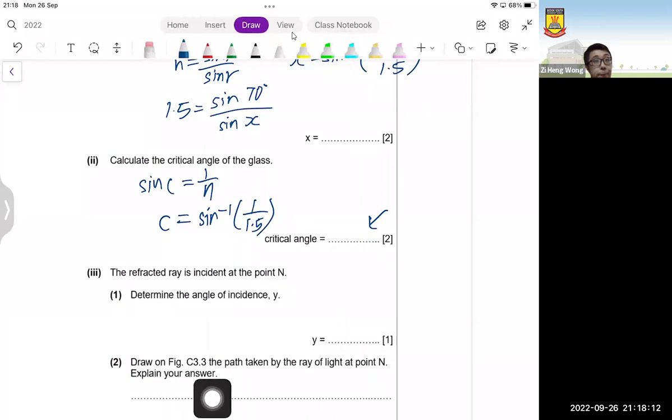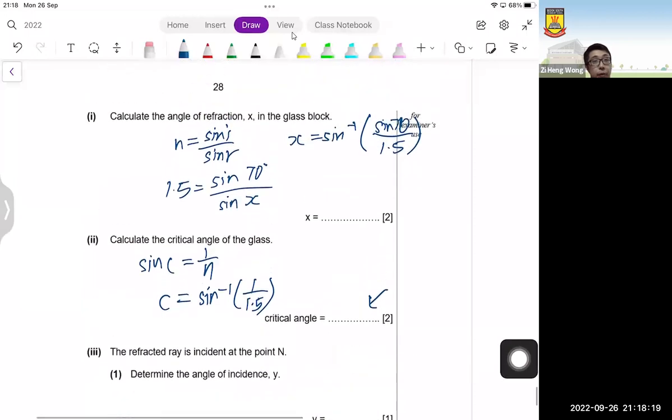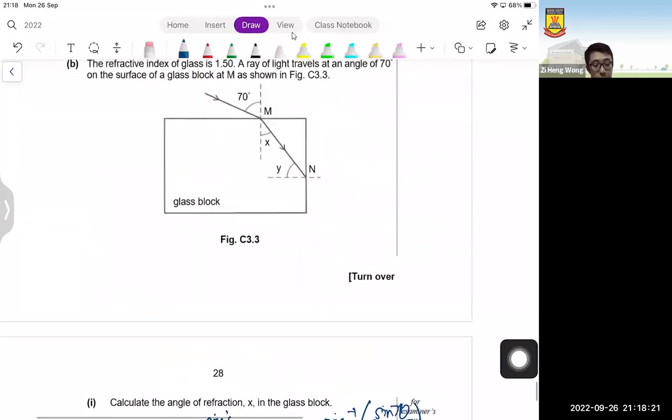Then they ask you to draw the path taken by the ray of light at point N, and explain your answer. So this is where they have calculated everything and you are ready. This light is traveling from denser to less dense. We said 3 things can happen. If my y is smaller than the critical angle, it's going to exit, it will travel faster, it will bend away from the normal.